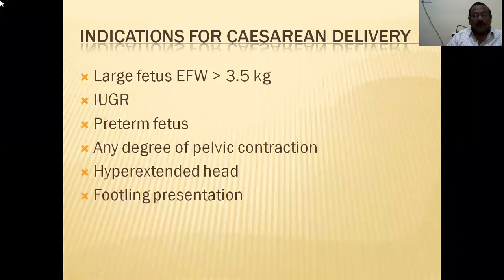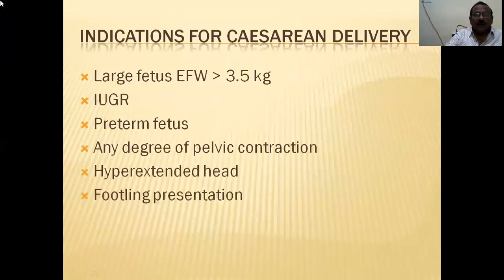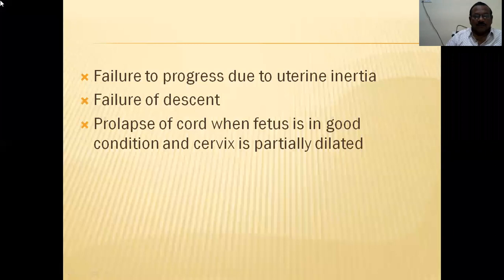Failure to progress due to inertia, failure of descent, and prolapse of the cord when the fetus is in good condition and the cervix is partially dilated. These are the indications for cesarean delivery.